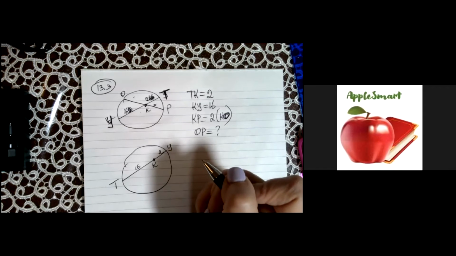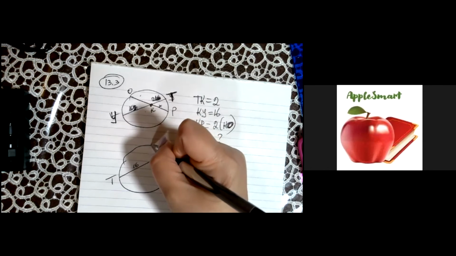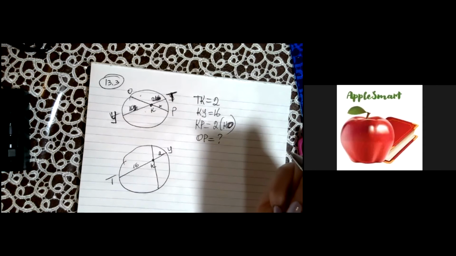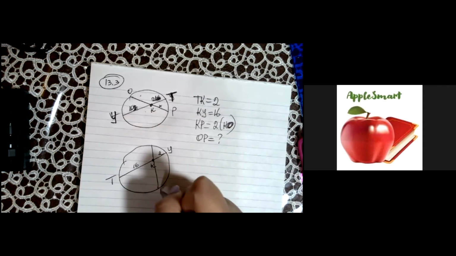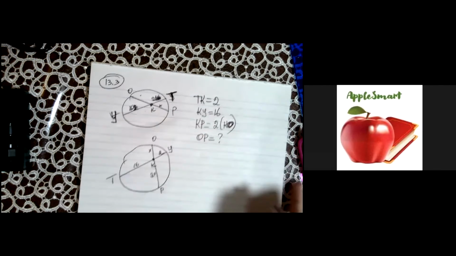And then this is KP, this is P, and this is O. So if I call this one X, can I call this one 2X because it's twice as long?